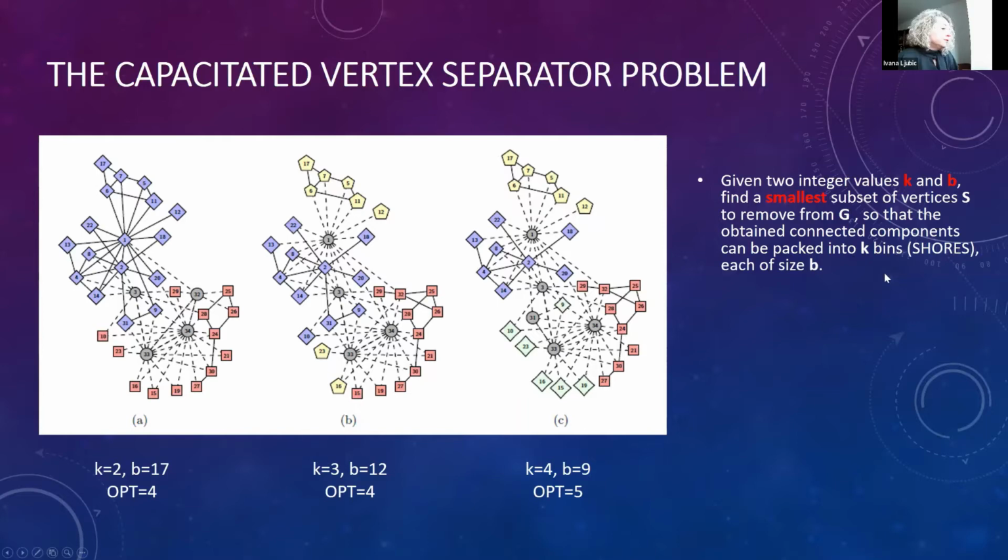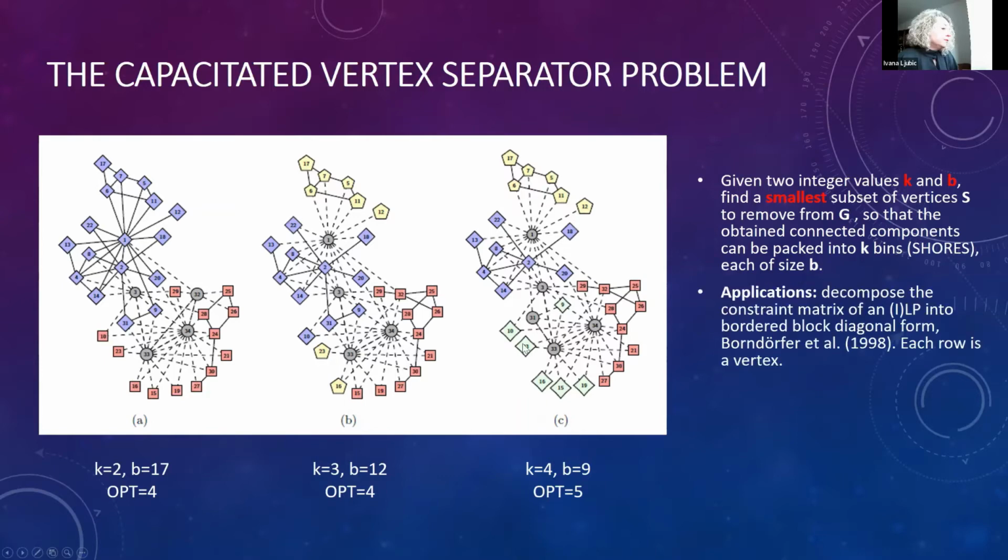They are given the size b, which is the input parameter. We are given the number of bins, and what we want to find is the subset of vertices to remove of minimum cardinality.